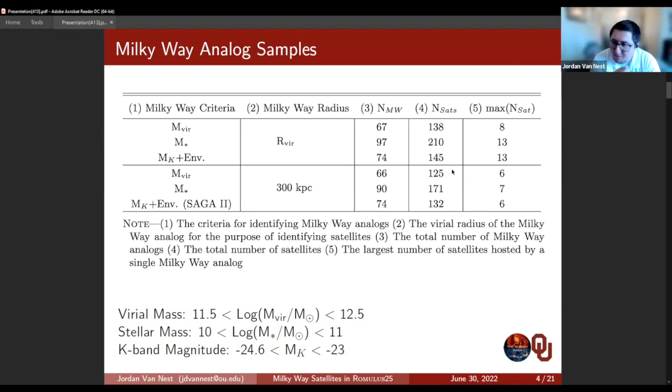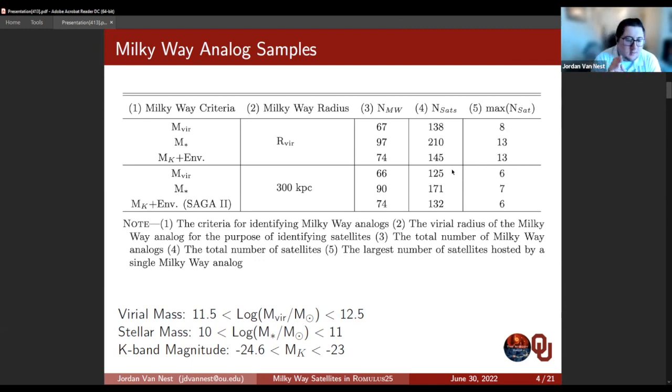I was able to select Milky Ways on 3 different physical criteria and tweak the ranges as we saw fit. The first one was just a general cut over virial mass, so anything with a log M vir between 11.5 and 12.5. The second cut was similar, only over stellar mass, so anything between 10 to the 10 and 10 to the 11.